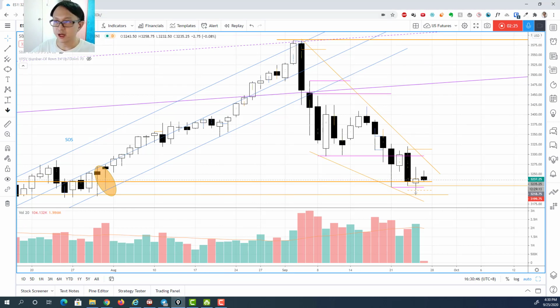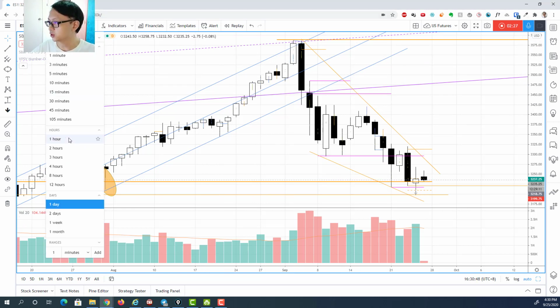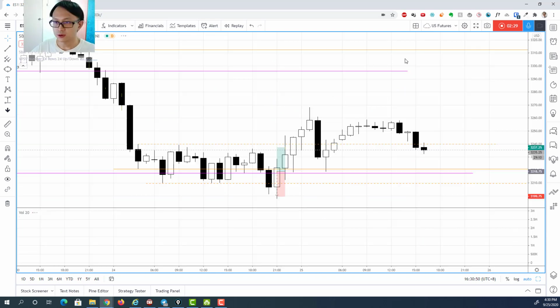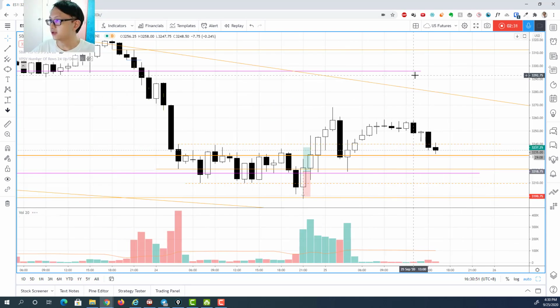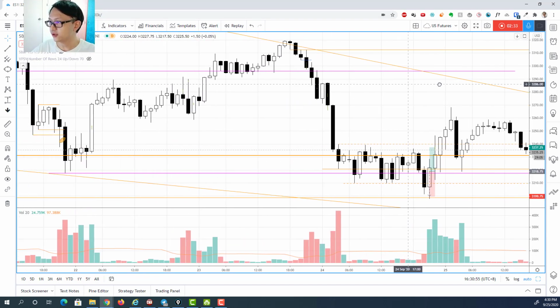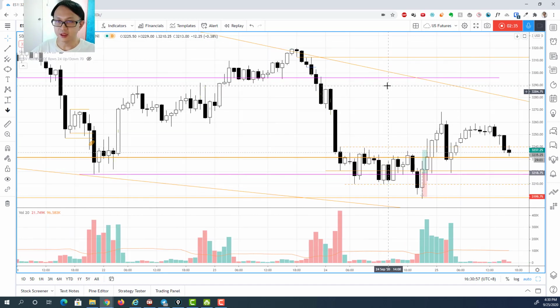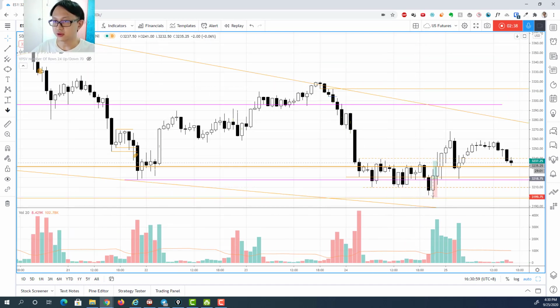So let's dive into the hourly time frame and take a look at what actually happened in yesterday's session. You can see that yesterday we had a spring type of action, or false breakout.